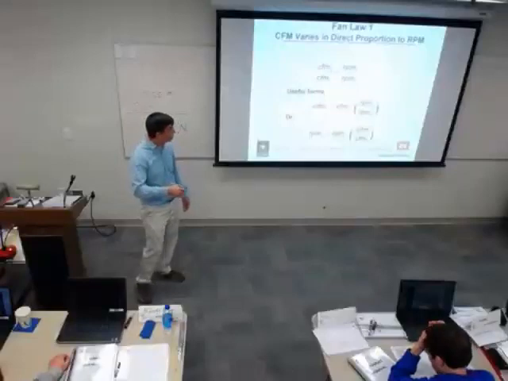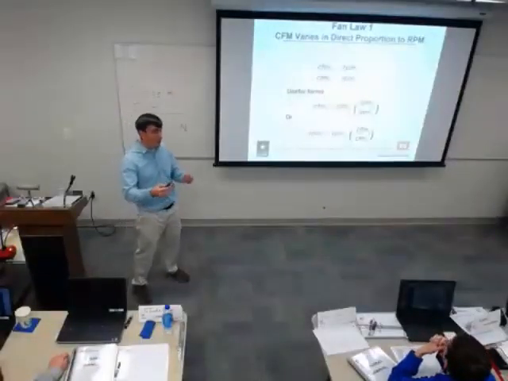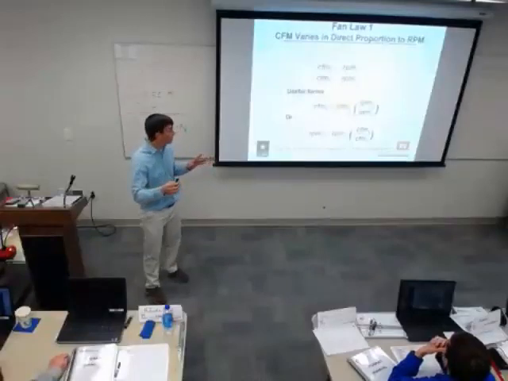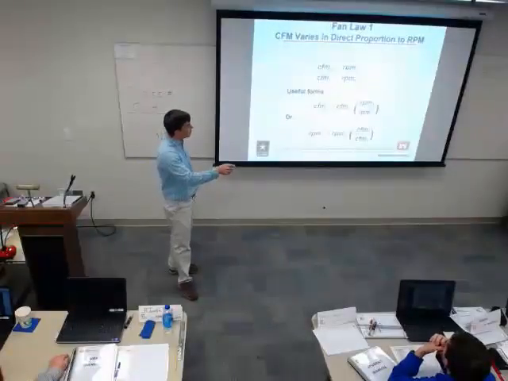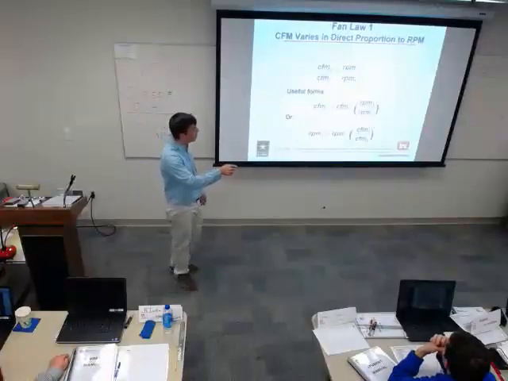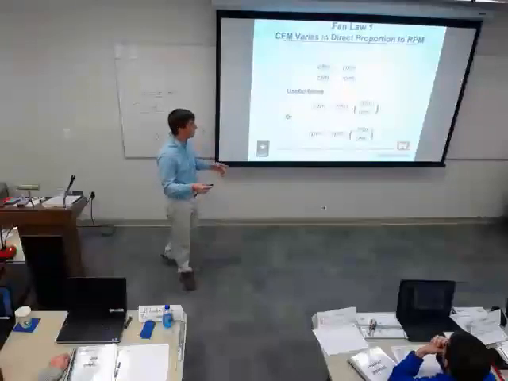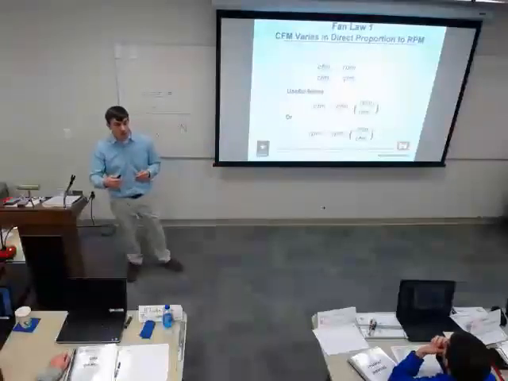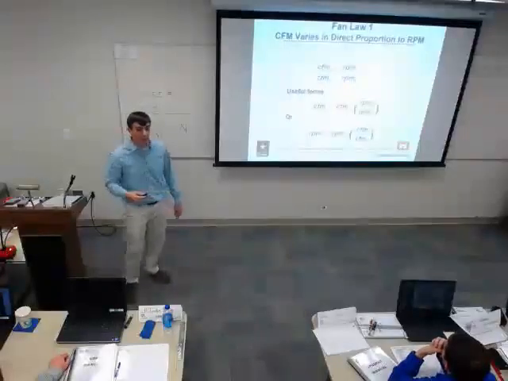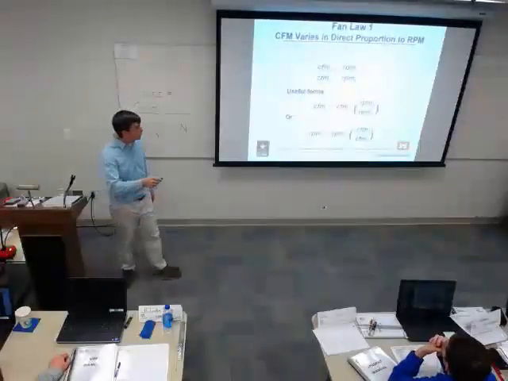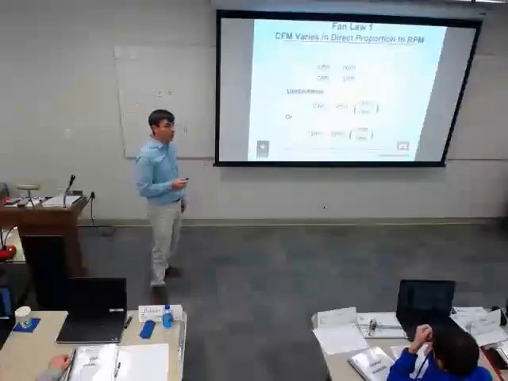To get these in a usable form, I'm going to measure my flow rate with whatever means I use, and I'm going to measure my RPM. What I know is subscripted by 1. I know my cubic feet per minute and my revolutions per minute on whatever piece of equipment I'm looking at. If I'm short on airflow or high on airflow, I also know what I want to change my airflow to. So I want to calculate what RPM change I'm going to make.